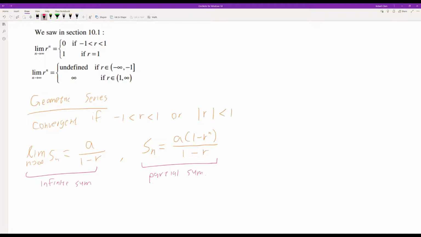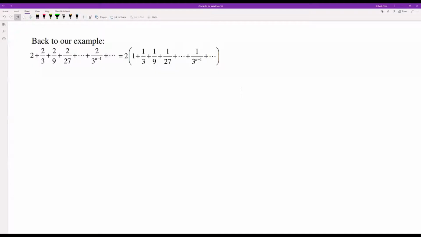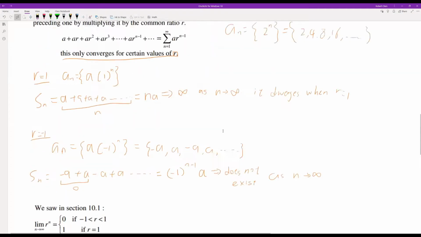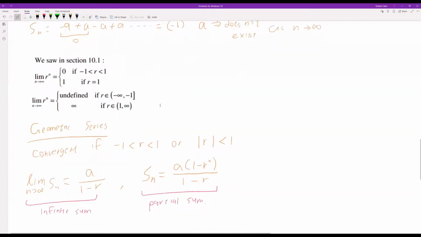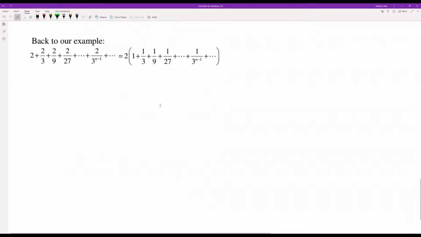All right, so let's take a look at some examples. This was the example that we were looking at earlier, and we saw on the table that the sum is approaching 3, 2.9999. And here we're going to show whether the series is actually 3. Okay, so let's see.